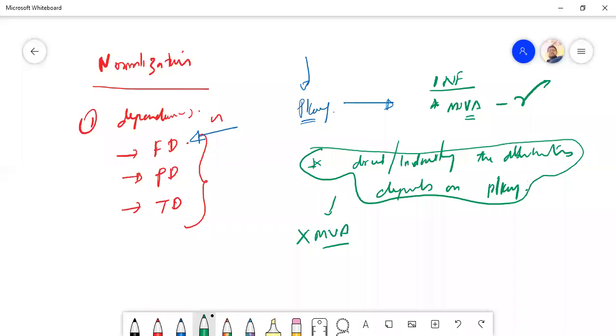Suppose you can't find this case, then definitely you can say there is a multi-value attribute.